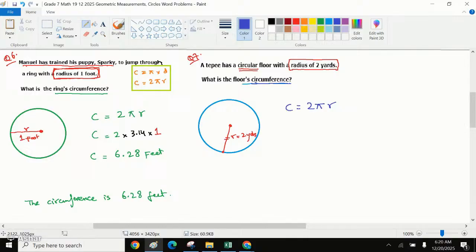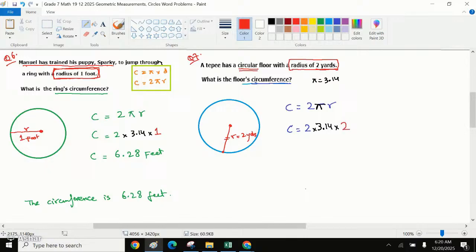Agreed? Thank you. Let's see. If we need to find the circumference, we can say 2 multiplied by pi, and the value of pi is always assumed to be 3.14. So in place of pi we write 3.14 multiplied by the radius, and the radius given was 2 yards.